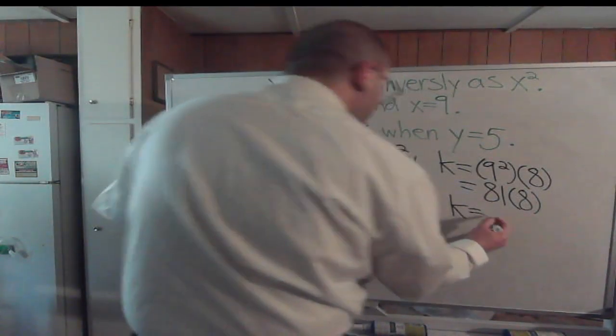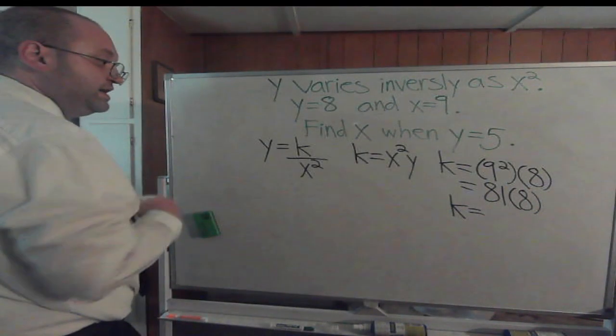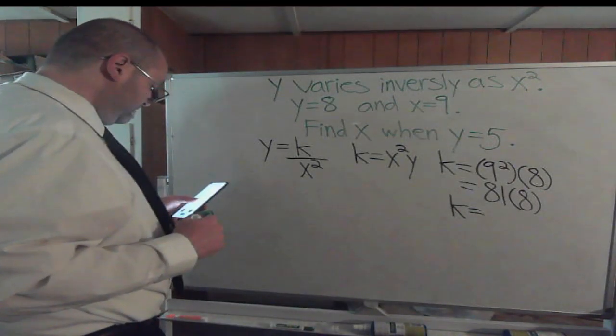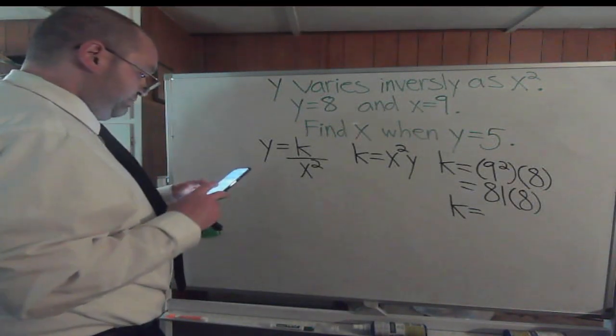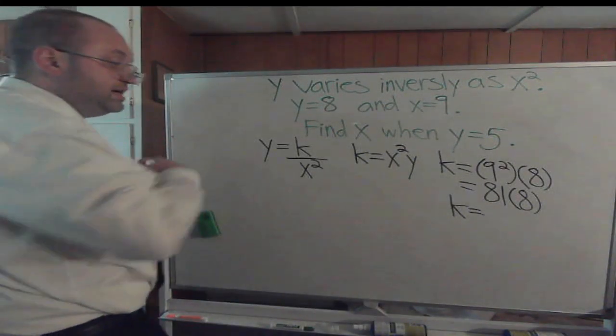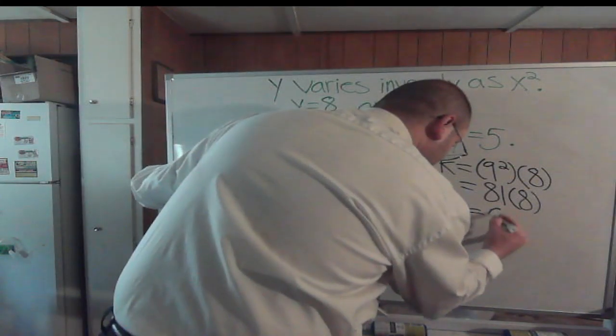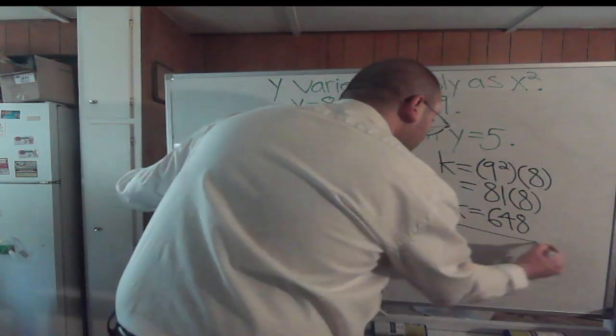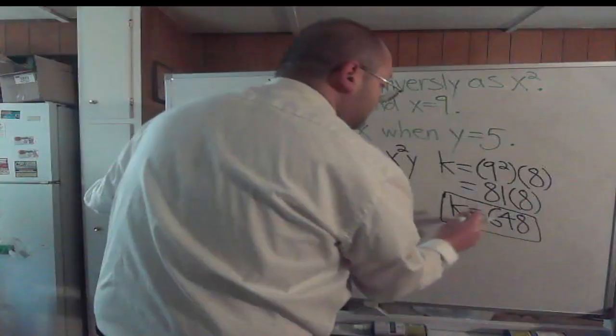You're going to have a huge value for the constant of variation. So your constant of variation, k, is going to end up being 648.